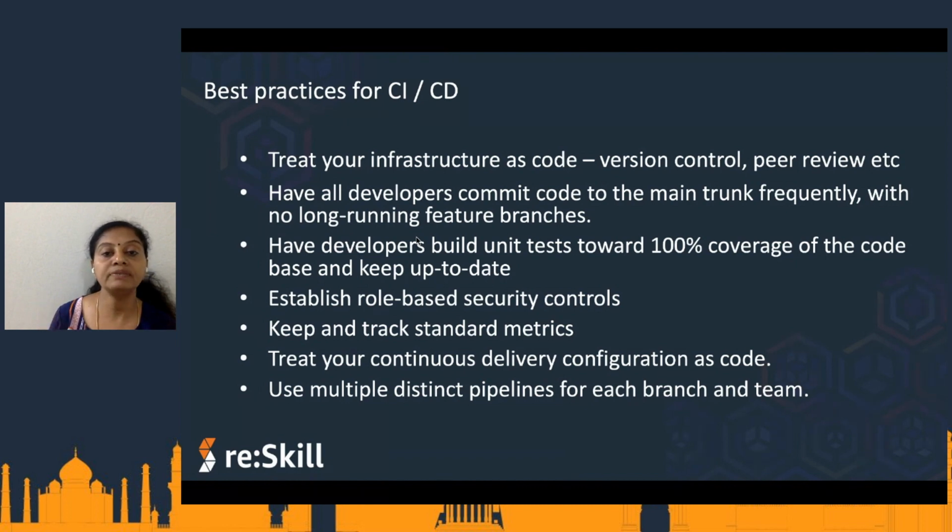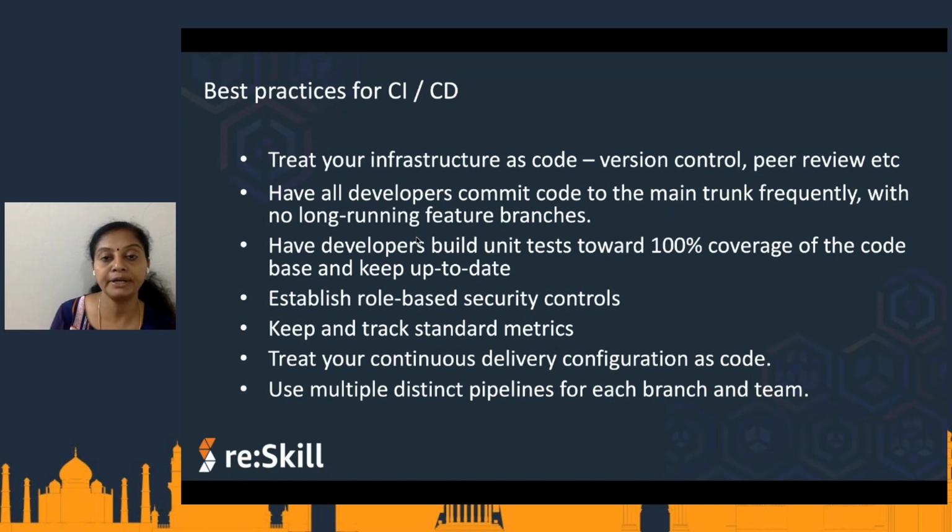And have all the developers commit the code to the main trunk frequently, with no long running feature branches. If at all your feature branch has to run for a specified amount of time, ensure that the feature branch gets the changes from your long running central branches quite often.